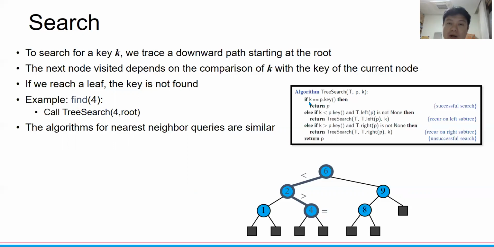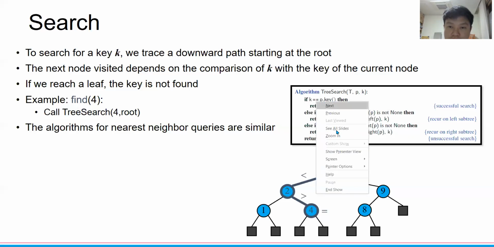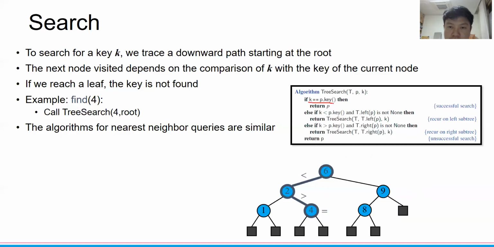If k equals p dot key, then you are finished because you have found it. But if this condition is false, then you go to the next: if k is less than p key and t left is not null, it means we want to check the left one.